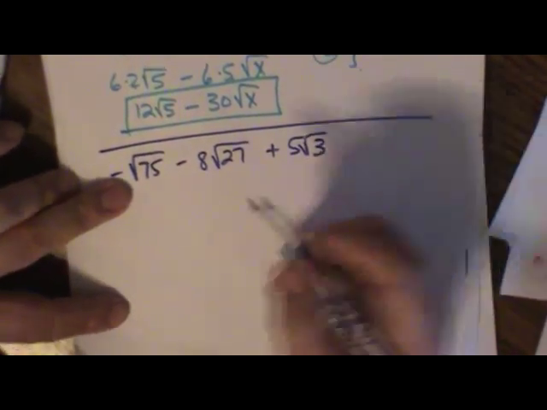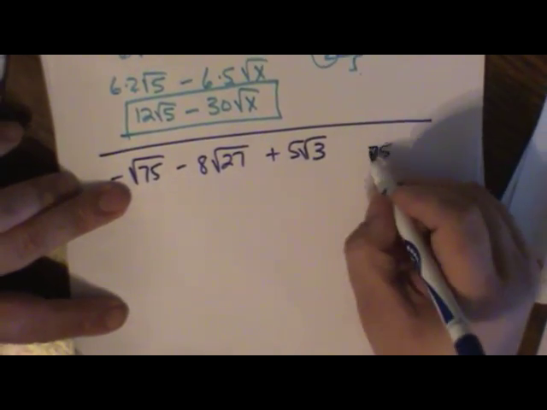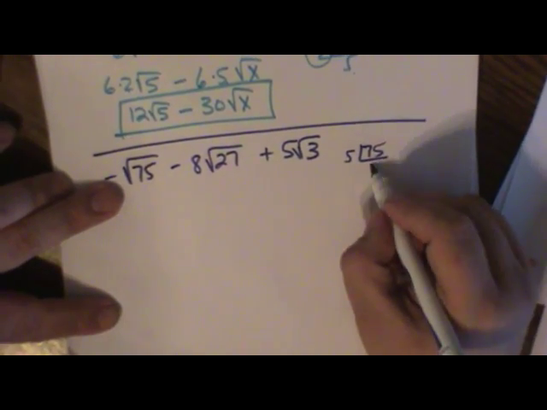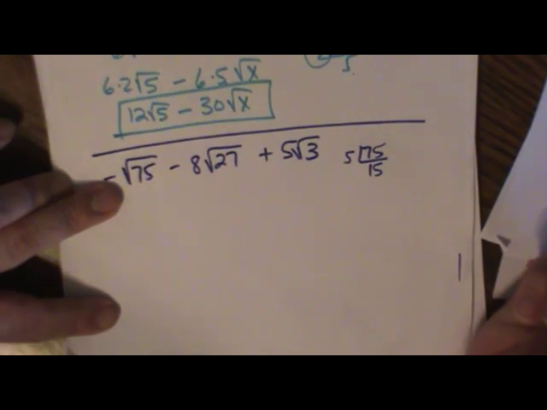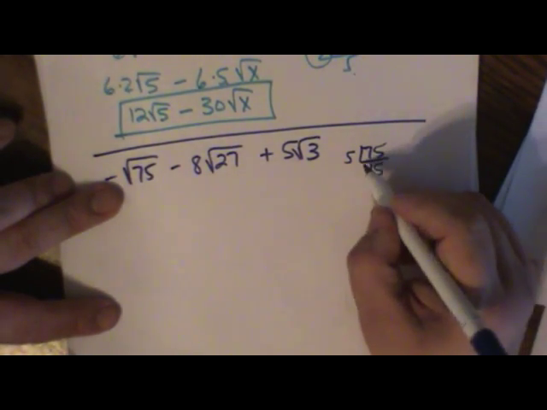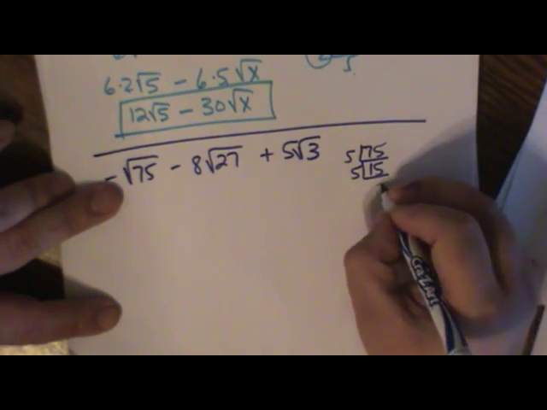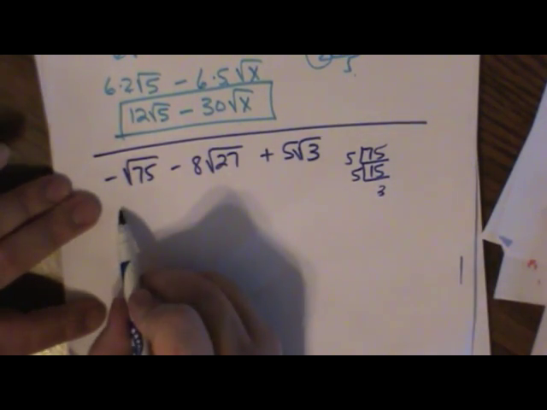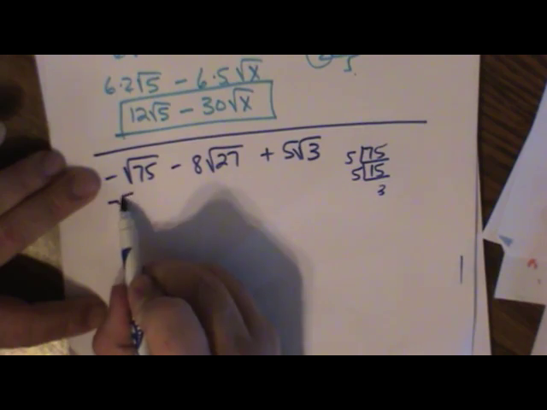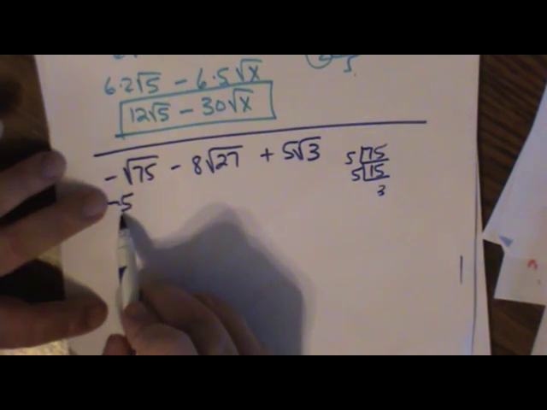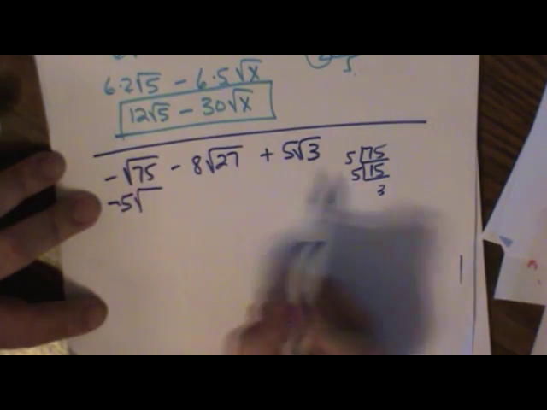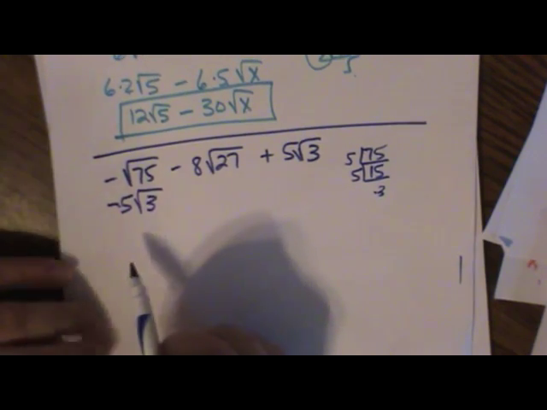We have the square root. We want to find how many pairs we have in 75. So 5 goes into 75 15 times, and then 5 goes into 15 3 times. So we have a pair of 5s. So we have negative, because it's -1 times 5 is -5, and then what's left inside is a 3.